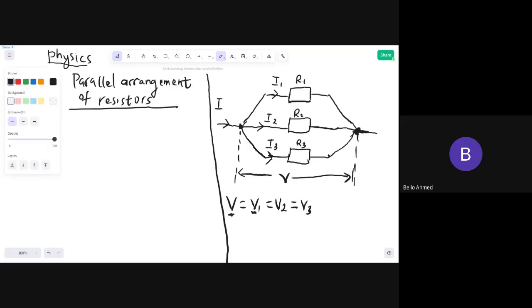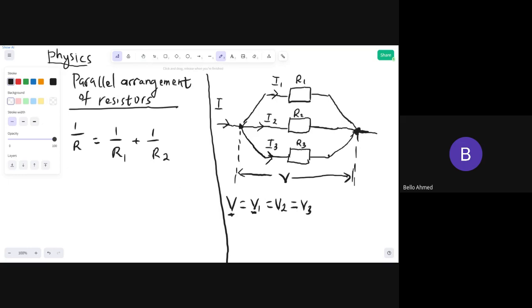So if we have two resistors in parallel, according to the equation we just wrote, it means you're going to say 1 over R is going to be equal to 1 over R1 plus 1 over R2. I hope you can see.